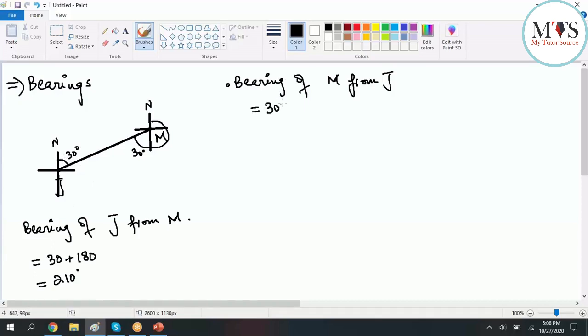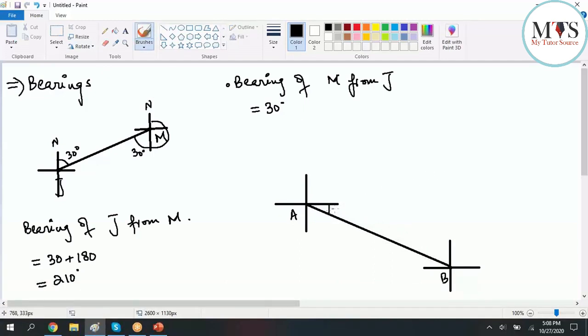So is this clear? Yeah. Okay, I'll give you a question. So let's say this is point A, this is point B. These two points are connected by this line.